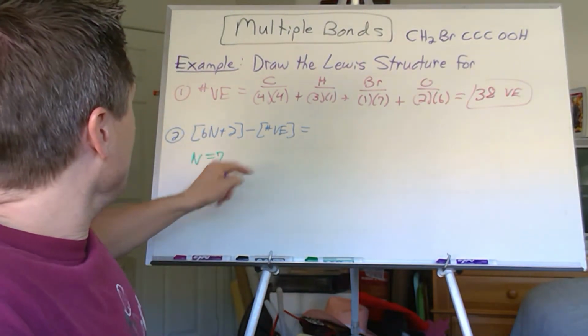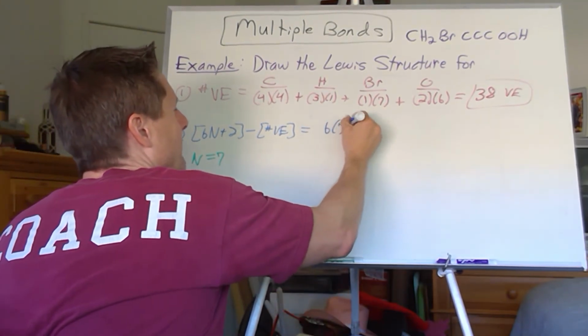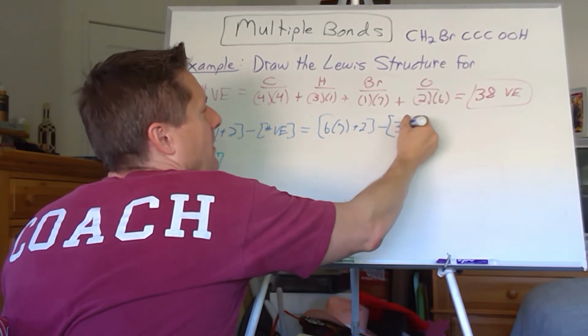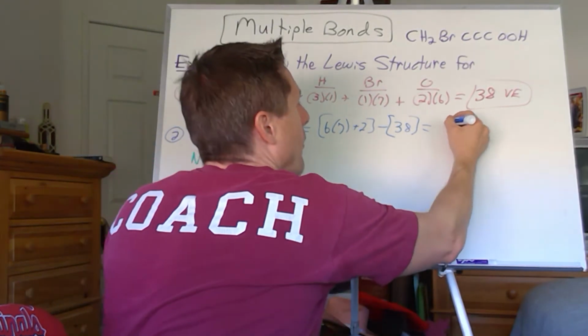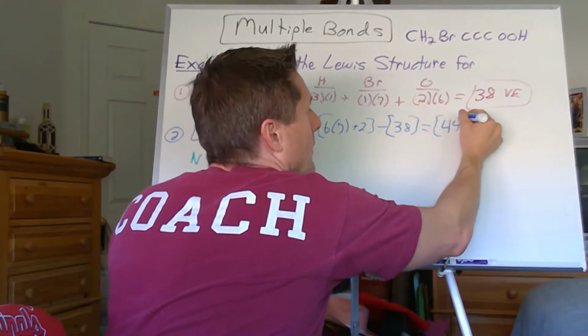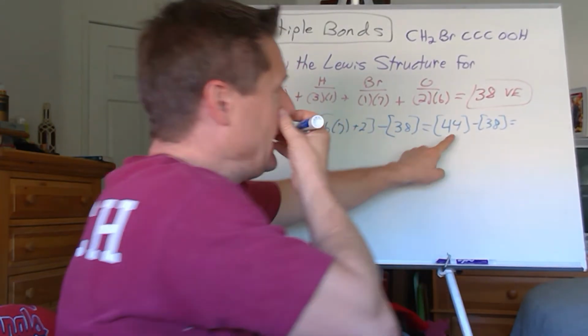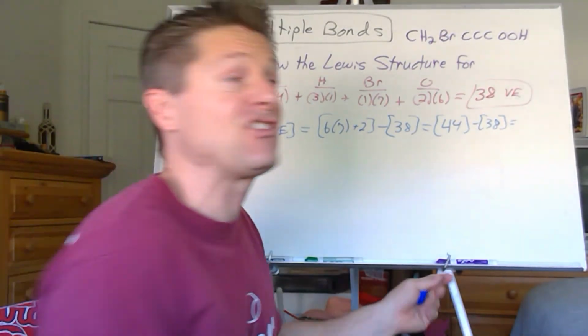So let's go 6 times 7 plus 2, that's 44, minus 38. So we need 44 electrons for all single bonds, but we only have 38, so we're 6 short.